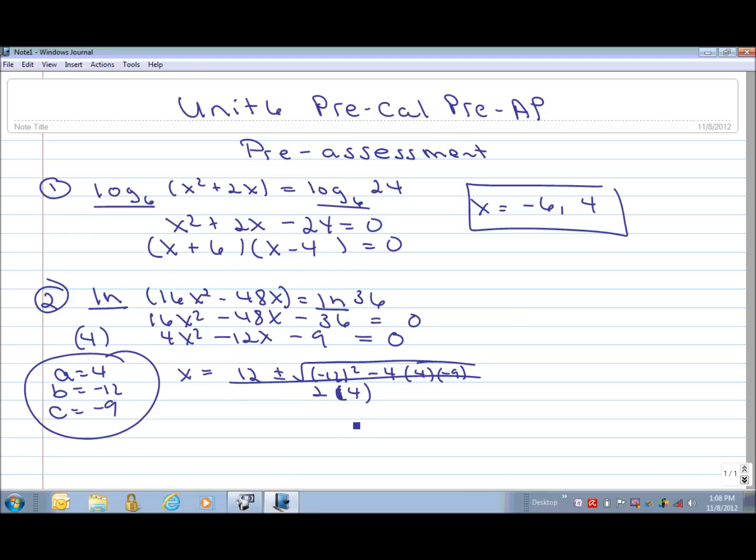It's not a negative, sorry, 2 times 4. So our x values will be 12 plus or minus the square root of the discriminant all over 8. When we calculate the discriminant, we will get 288.